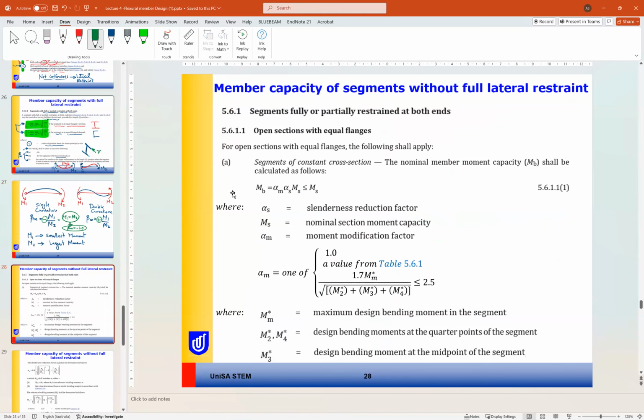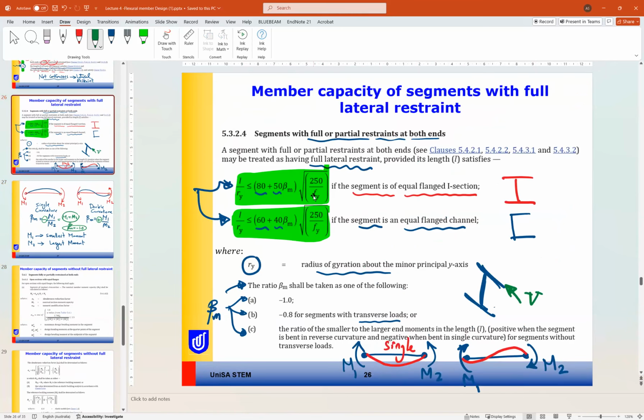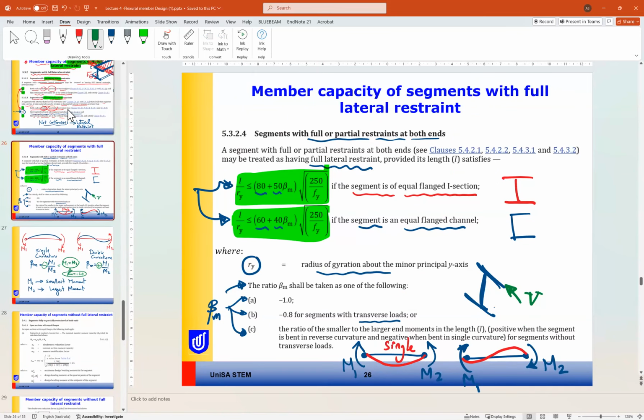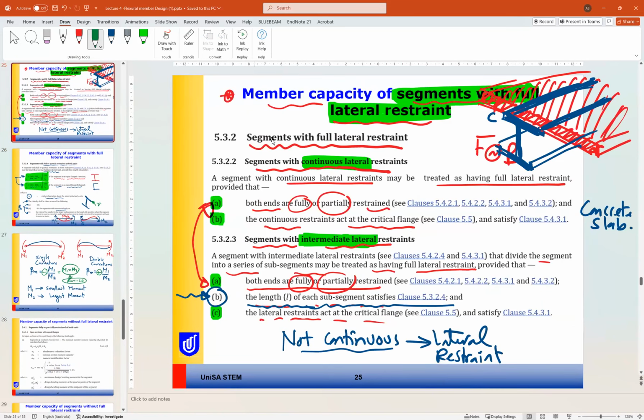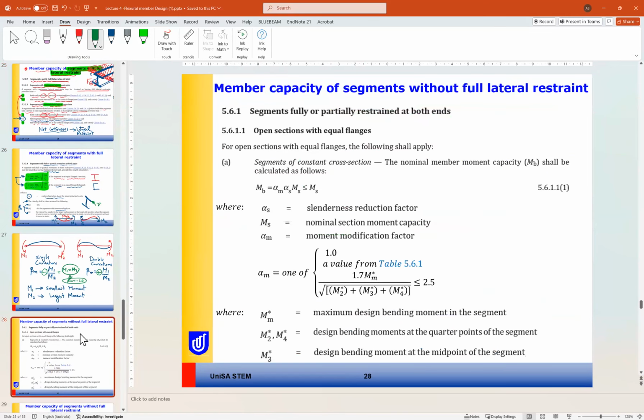So after all of this, we know if it is a segment with full lateral restraint, we need to make sure if it is continuous lateral restraint or intermediate lateral restraint so that we can know the formulas for the next part.